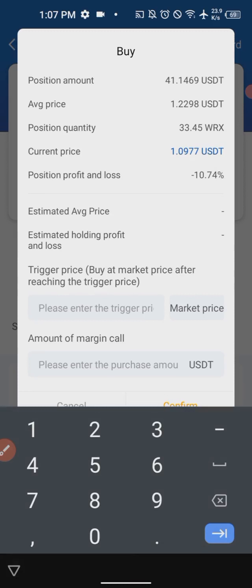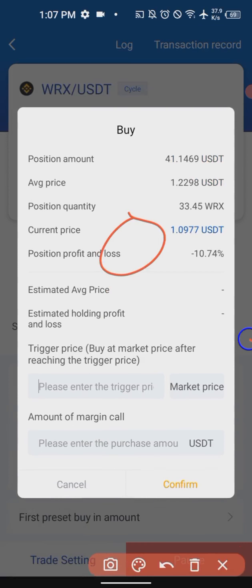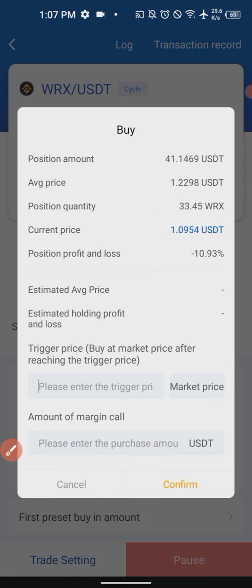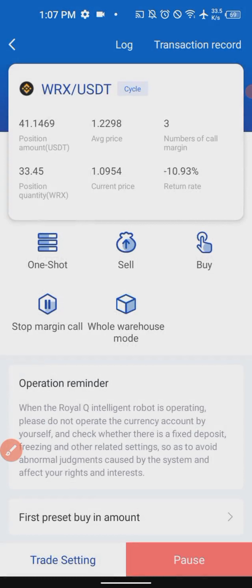Now it's at 1.09, for example. I would say, okay, I want to buy at 1.09. I can also change the price. If I click market price, it means use the default price of the market right now. So then here I can also click the amount of margin calls. Let us say, okay, I need to explain margin call before you understand this. So let me just jump over this and explain others and come back.